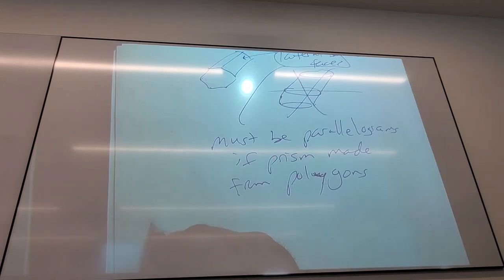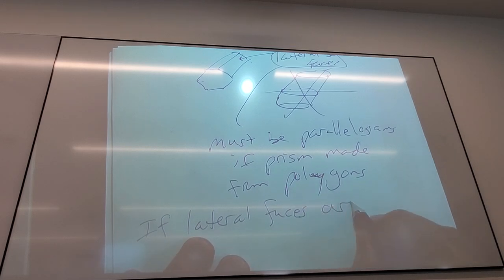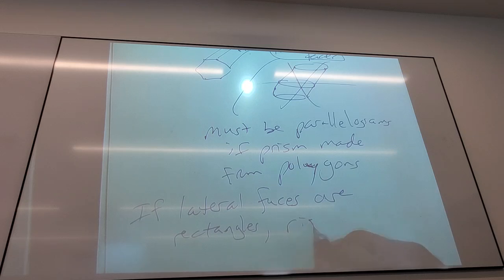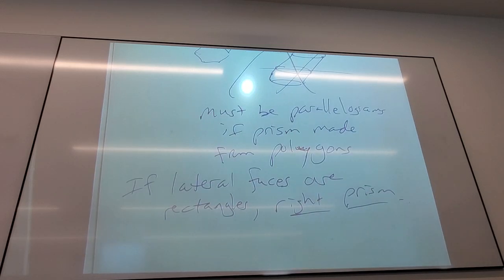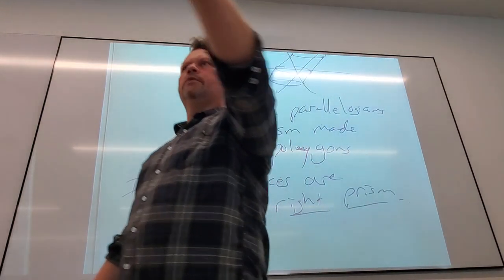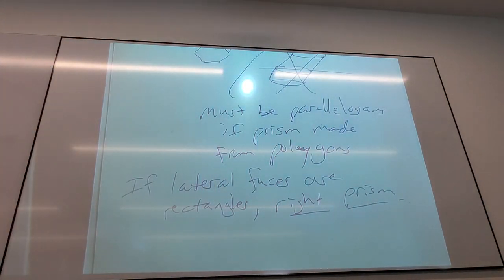If those lateral faces are rectangles, this is not going to be very surprising. We call this a right prism, just like a right triangle has a right angle in it. If I use rectangles, they have right angles. We call it a right prism. Does that make sense?